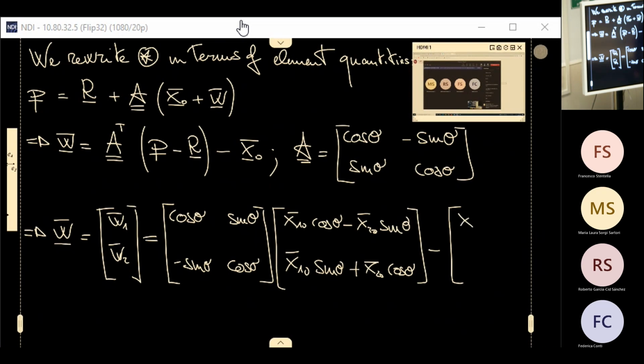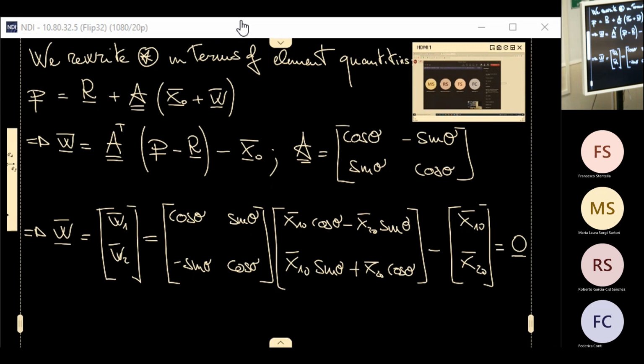So it's x10 over bar, x20 over bar. If you do this matrix multiplication, what you get is the vector 0.